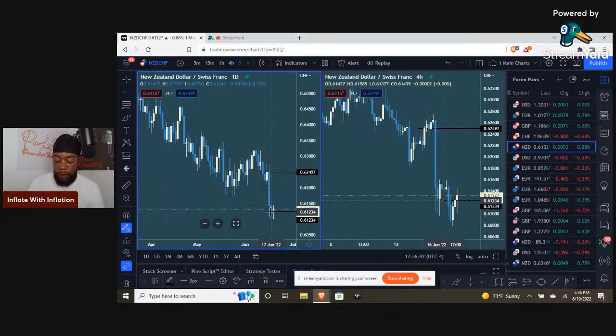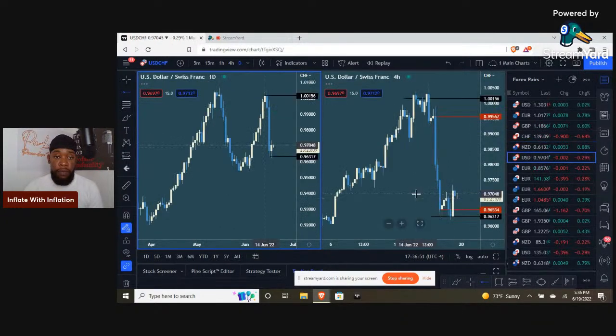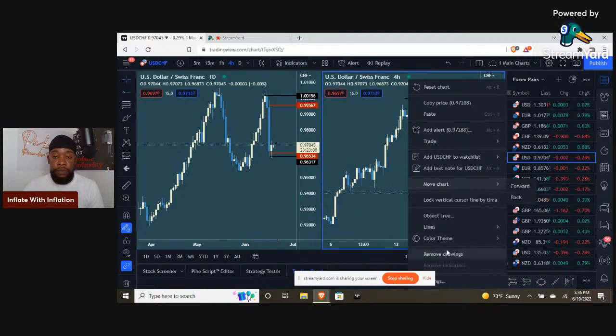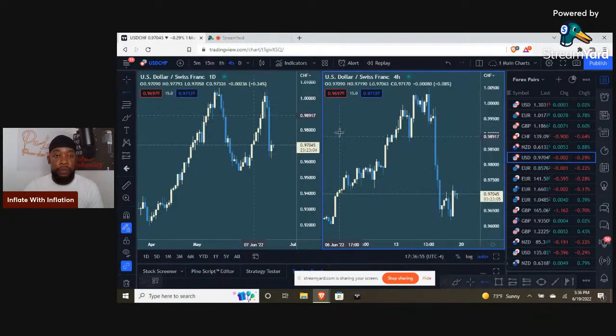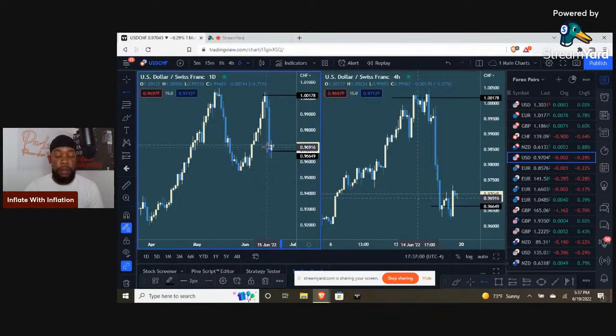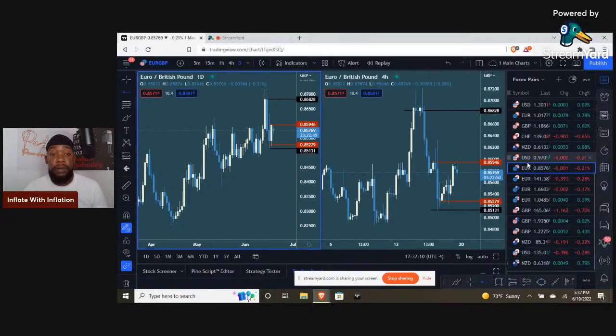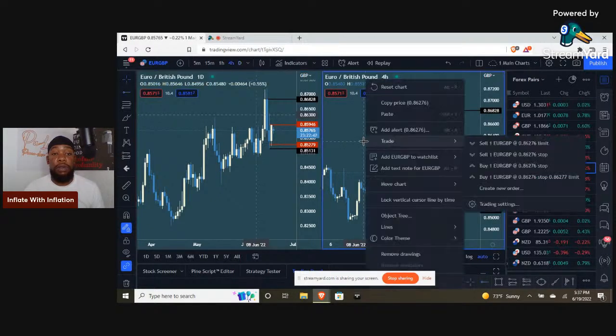New Zealand selling, Swiss franc is buying. US dollar is selling and the Swiss franc is buying. So that gives us a Swiss franc strength at a +7. So that's going to be the strongest currency going into tomorrow.